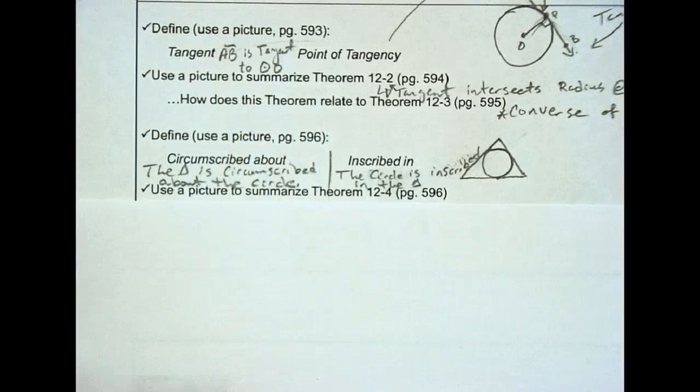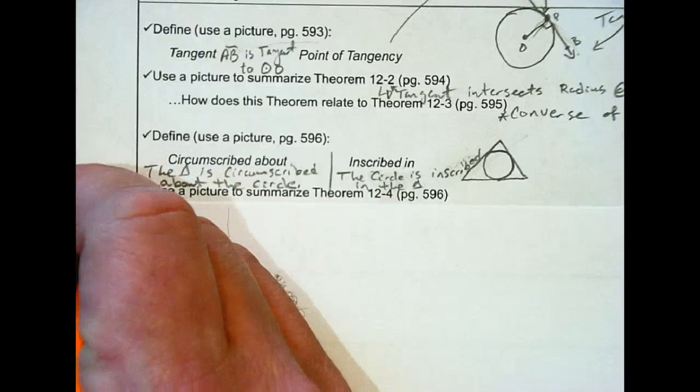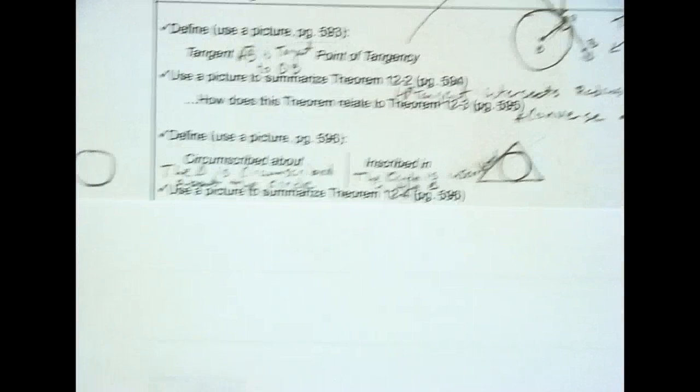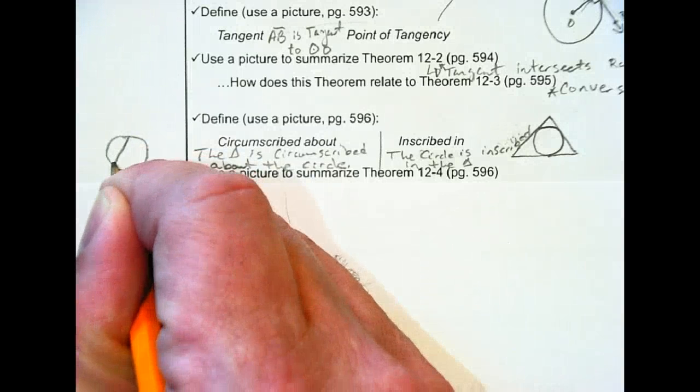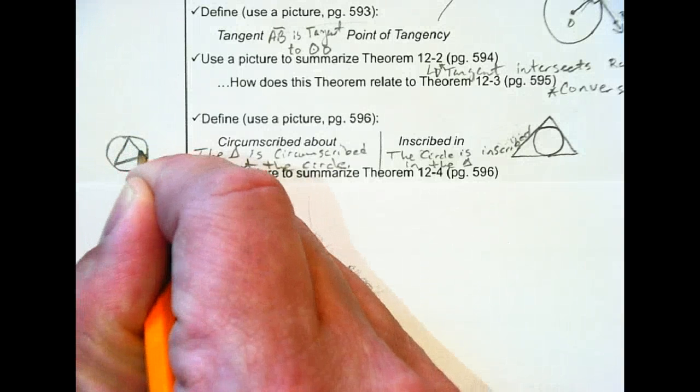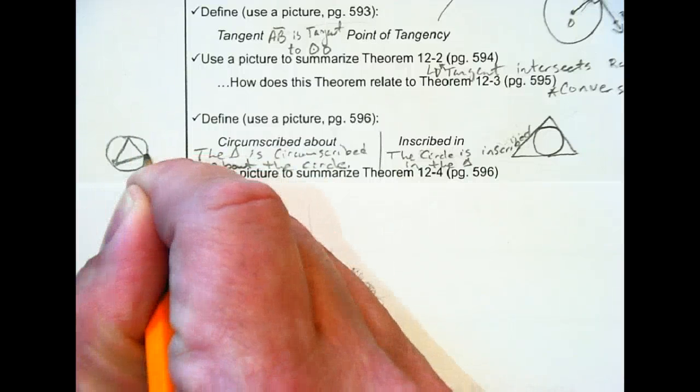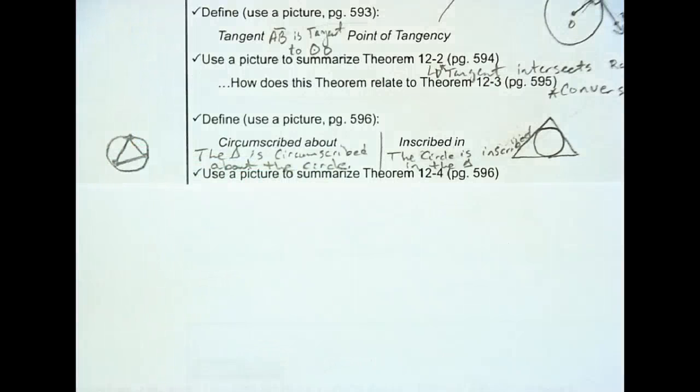So you'd have to actually have a circle and a triangle hitting all three vertices on the outer edge of the circle. Versus a circle that's inscribed in the triangle. In this case, the circle is inscribed in the triangle. It's inside the triangle. So just some words that you may see today.